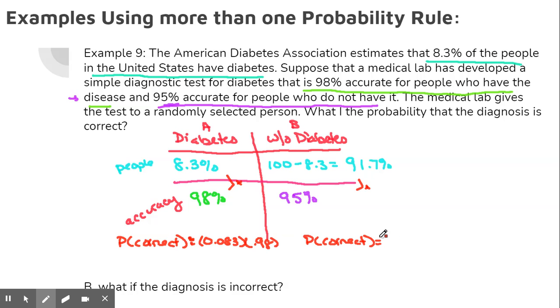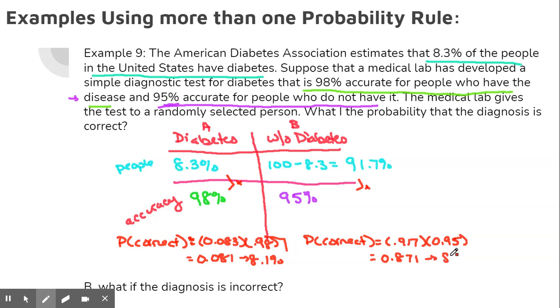I'm doing it once for my event A and once for my event B. So the probability of it being correct in each case. And when you put those in your calculator, you're going to find that if you're diabetic, it is 0.081 or 8.1% accurate.